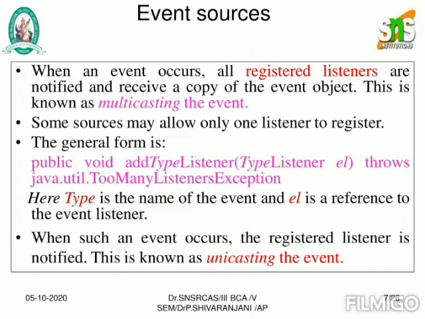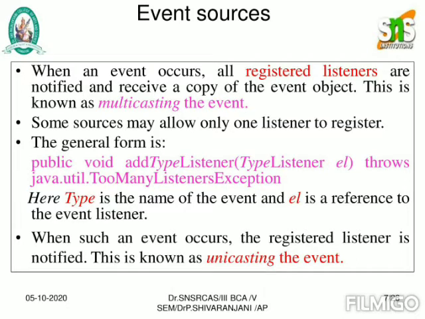When you are listening to the particular event, if you have any errors, such errors have to be thrown. For that I have used throws java.util.TooManyListenersException. If too many events occur simultaneously, then it has to throw out the particular exception.